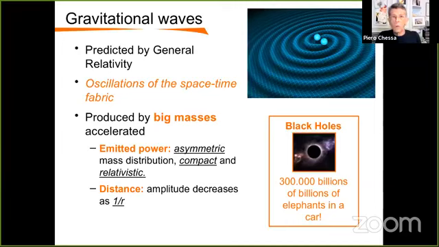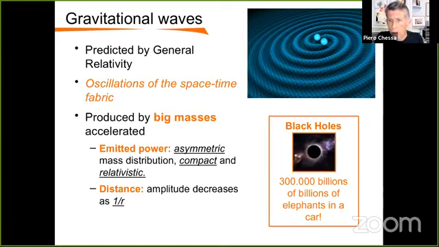They are produced if asymmetric mass distributions are oscillating, moving with a very compact and dense distribution of mass with rotating relativistic velocities, speeds. And they decrease from the source with an amplitude decreasing as 1 over the distance.